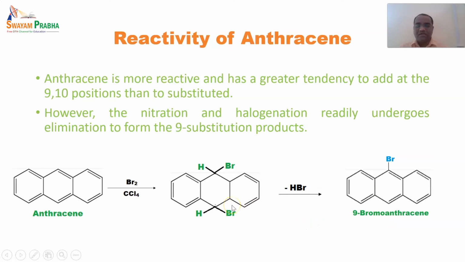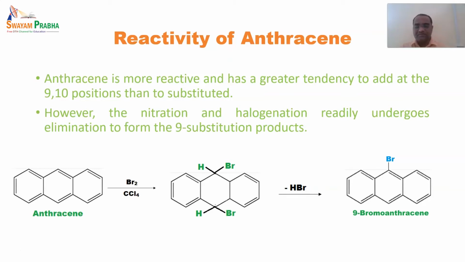In the reactivity of anthracene, the 9 position is one of the most favorable positions for any type of substitution product, because it has a higher reactivity compared to the other carbons. It is in the central position, and a carbocation forming at the central position is quite stable compared to carbocations at other positions.